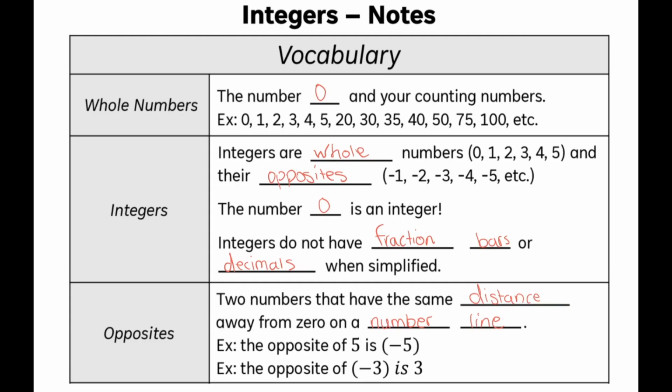The first one says the opposite of 5 is -5. That is because 5 and -5 are both 5 spaces away from 0. The next example says the opposite of -3 is 3. That is because -3 is 3 hops away from 0, and +3 is also 3 hops away from 0.